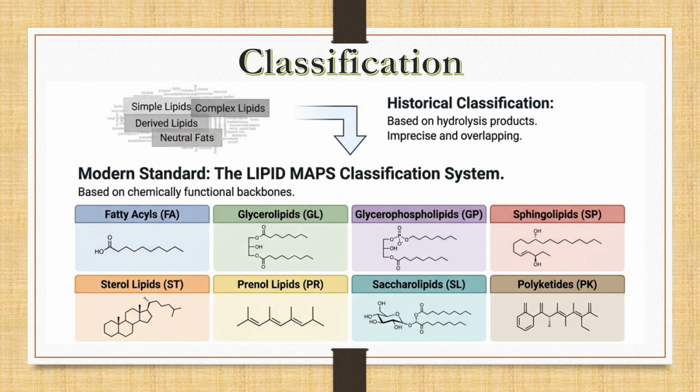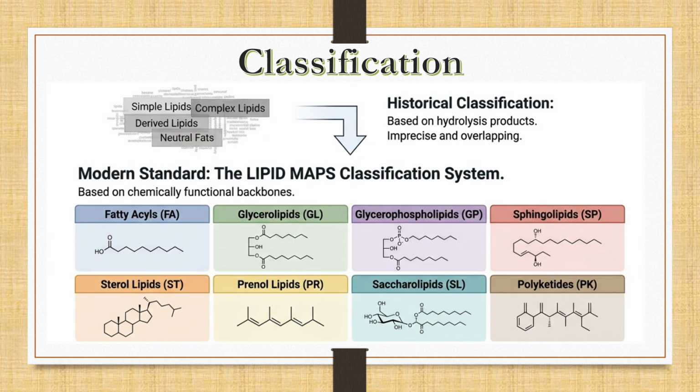The Lipid Maps system recognizes 8 major lipid categories, which are: 1. Fatty acyls, 2. Glycerolipids, 3. Glycerophospholipids, 4. Sphingolipids, 5. Sterol lipids, 6. Prenol lipids, 7. Saccharolipids, 8. Polyketides.